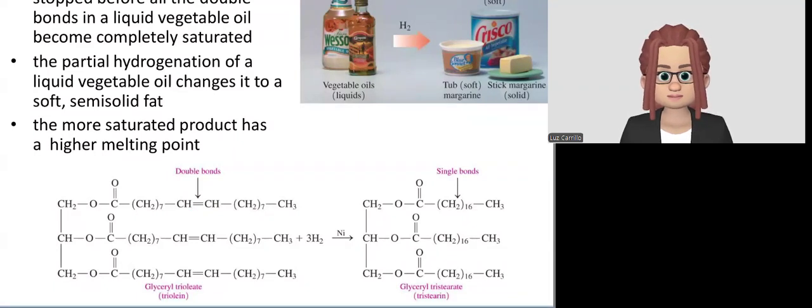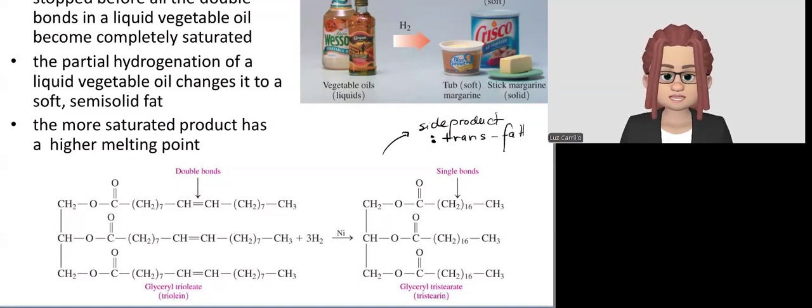product. It is important to note that this reaction also produces another organic product. The side product of this reaction is called a trans fatty acid.